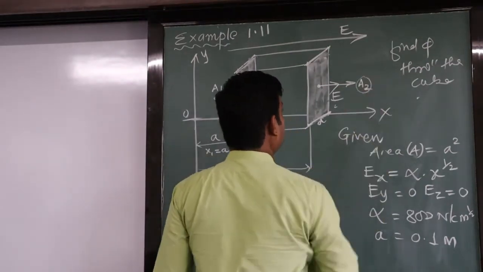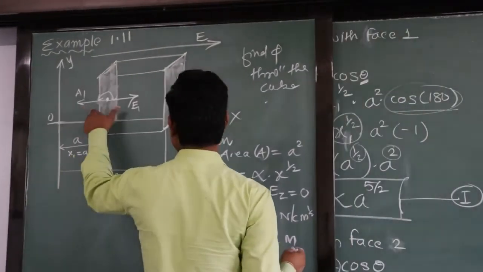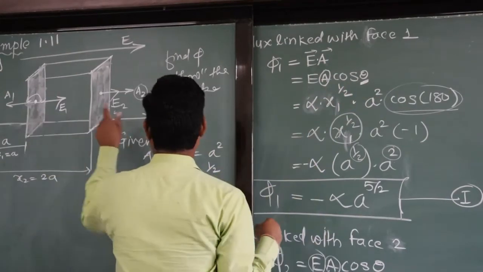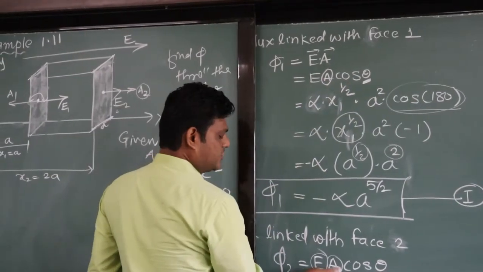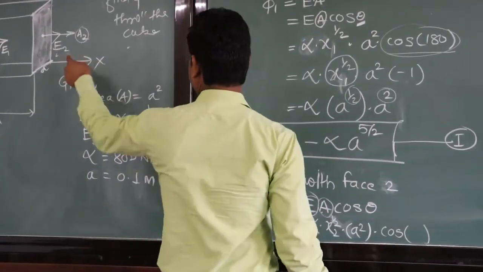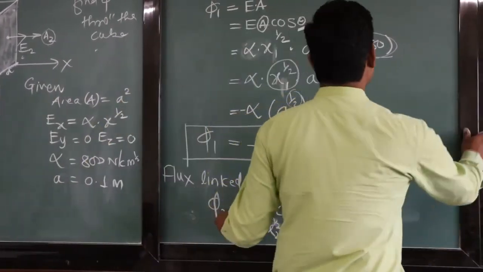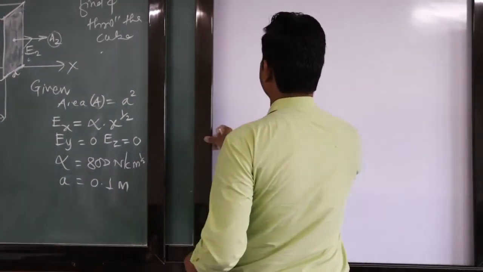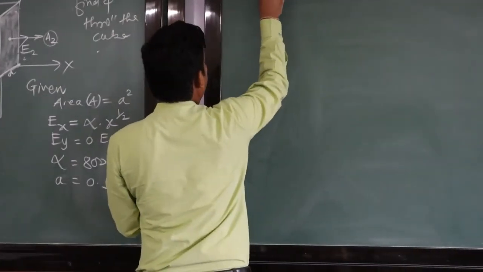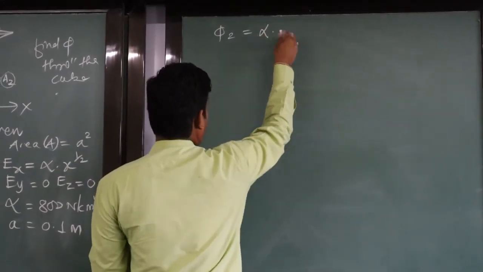We denote it as E2 and A2, like the E1 and A1 we wrote earlier, not to worry, right? You can write like this. So angle is 0, cos 0 is 1. So phi2, flux linked with the second face, phi2 equal to, what is the value of alpha?